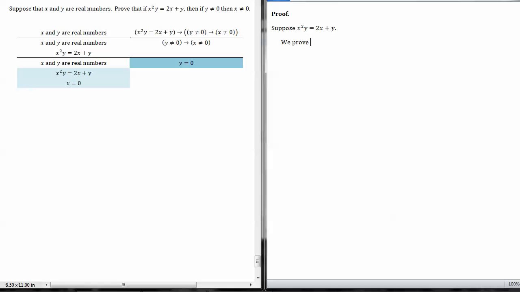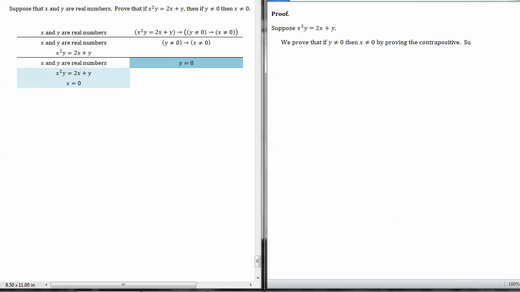And instead of just saying we prove the contrapositive, because there are multiple statements involved here, we should say what we're going to prove by proving the contrapositive. So we're going to prove that this statement here, that if, and make sure to put it in English, not logical notation, if y is not equal to 0, then x is not equal to 0, by proving the contrapositive.